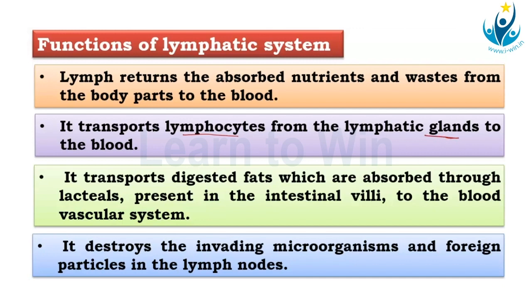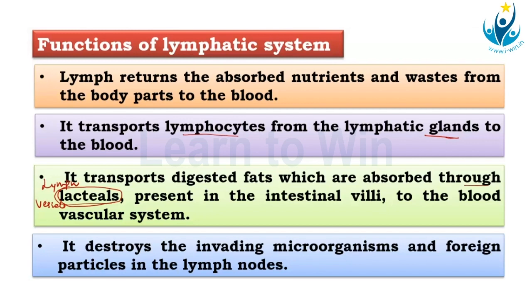It transports the digested fats, which are absorbed through the lacteals present in the intestinal villi, to the blood. This is something you have seen in the digestive system: digested fats are absorbed into the lymph vessels called lacteals, and through these lacteals they are sent into the blood.